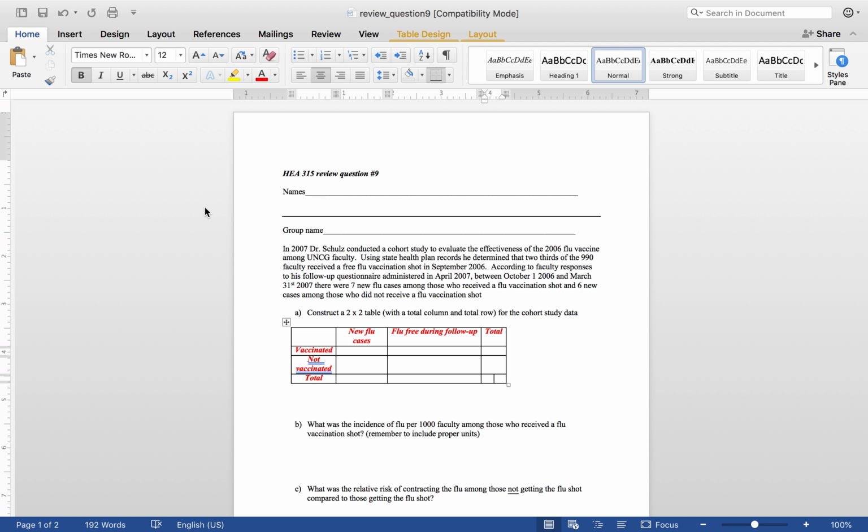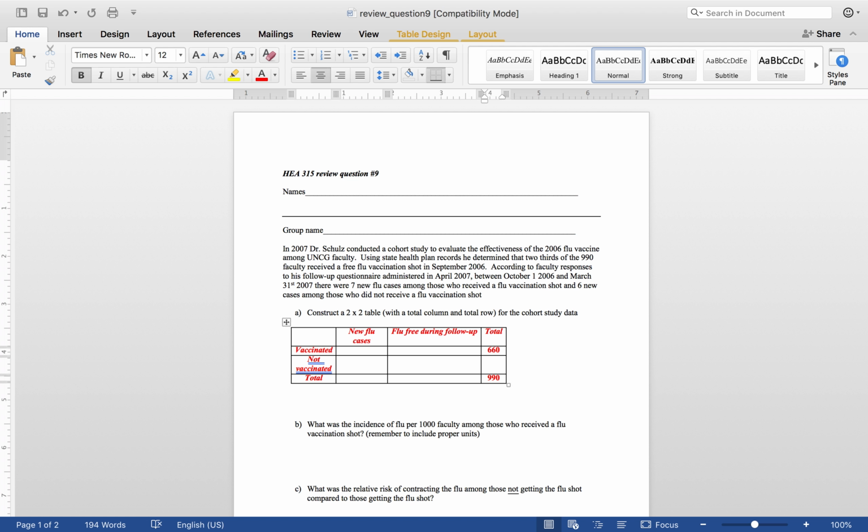So we know that 990 is our total population. And then 2/3 of that 990 received a flu vaccine. So we're going to put that in the total number that received the vaccine. And so 2/3 of that 990 is going to give us 660.